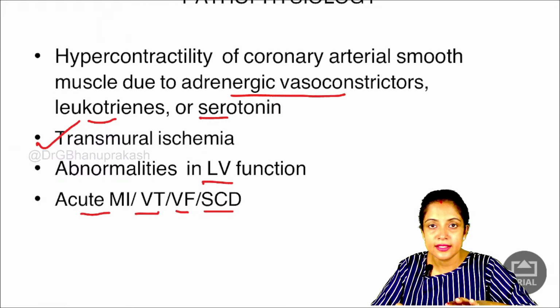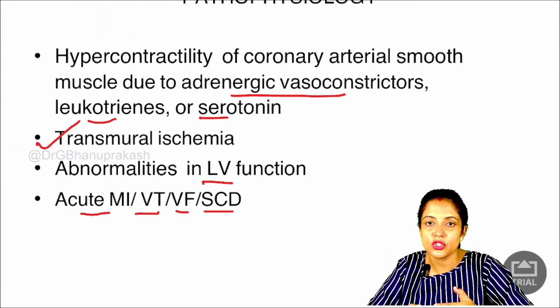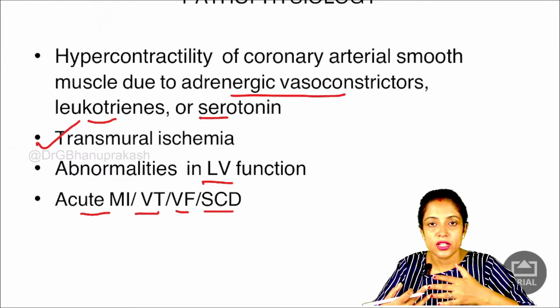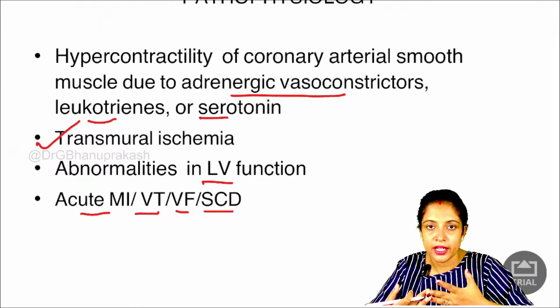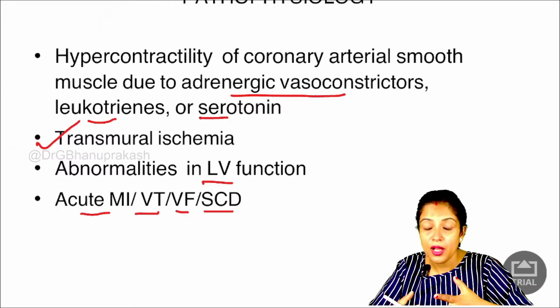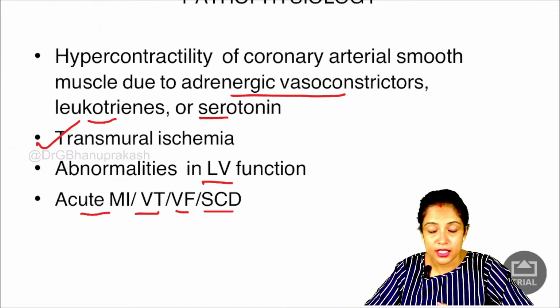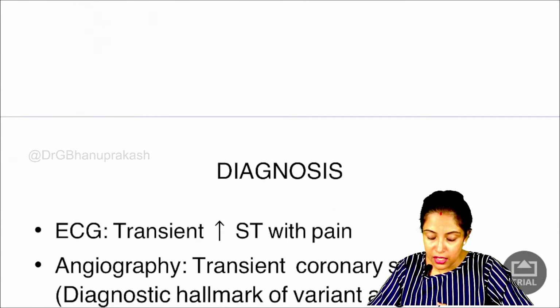When someone presents with chest pain just like stable angina but at rest, and you do a coronary angiogram, typically the angiogram will be normal. There will be no occlusion and no thrombotic plaque in the artery.